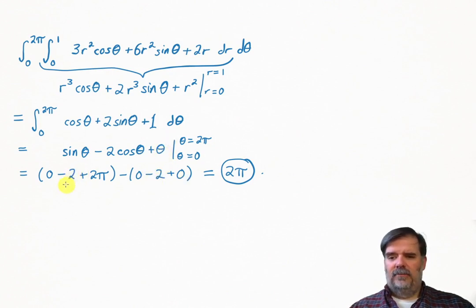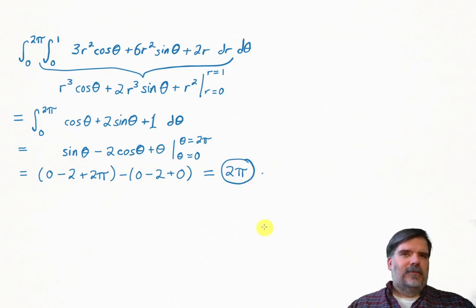I should get a bit of cancellation here. The negative 2 minus a negative 2, those cancel. Actually, all we're left with is 2 pi. Right? The volume over that circular base, but underneath that surface happens to be 2 pi. And since we're working with circles here, it's perhaps not too surprising to see pi in our answer.